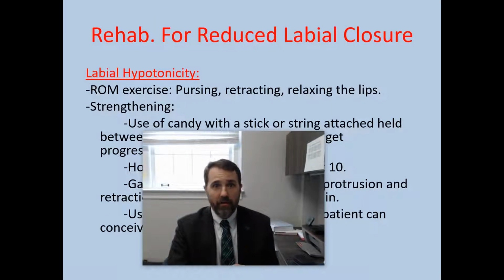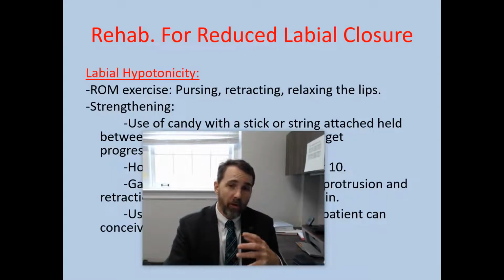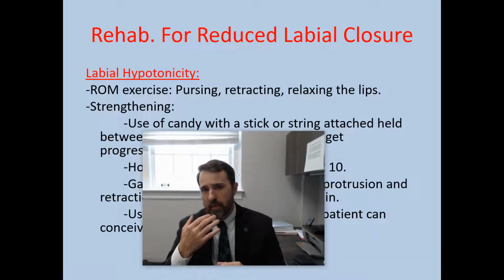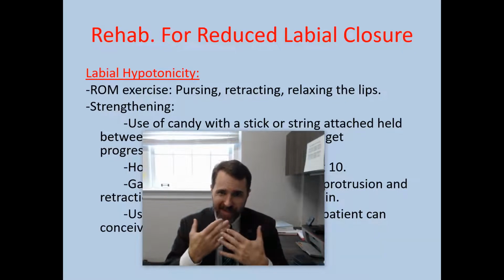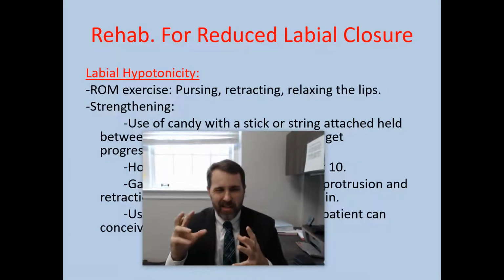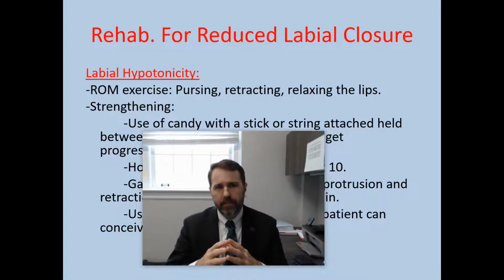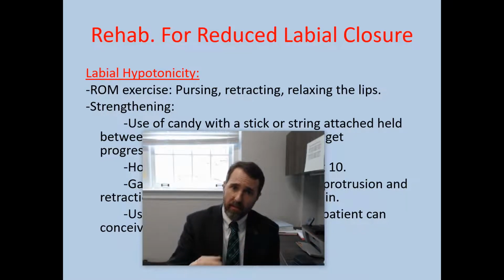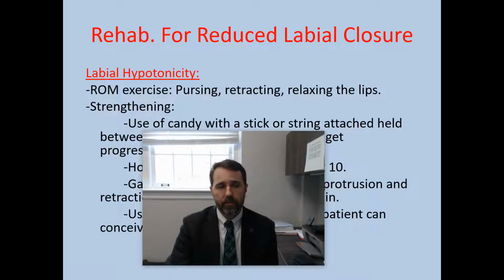That's very different from your hypotonic patients. So you have a patient that has reduced labial closure, not from spasticity, but from flaccidity, from hypotonia, in which case you need to stimulate the lips, you need to wake them up, you need to strengthen them.